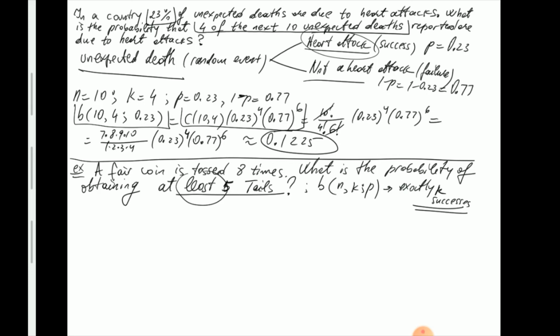So how do I do this? Well, you have to look at how many times the experiment is run, and split the event you're looking for, at least 5 tails, into all mutually exclusive possibilities. In how many ways can you obtain at least 5 tails if you toss the coin 8 times?